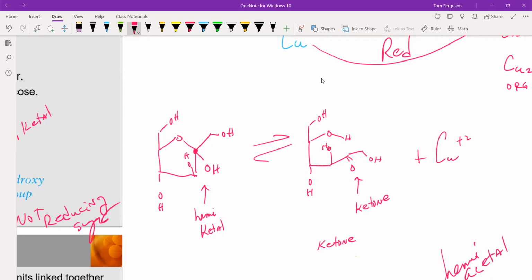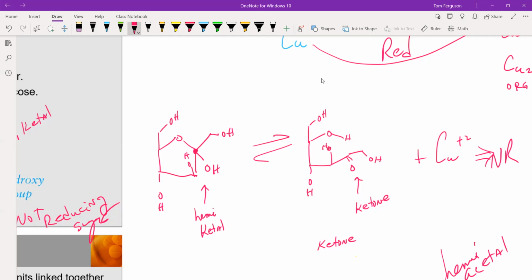We put Benedict solution in with that. On paper, we'll get no reaction. But we'll get a reaction because of the relationship. If a ketone has an alpha hydroxyl group on either side of it, it can form an aldehyde. It'll rearrange itself into an aldehyde, and then form an oxidized aldehyde.